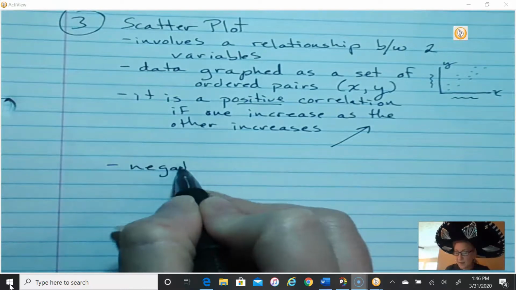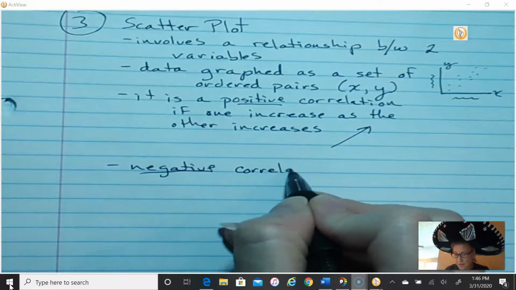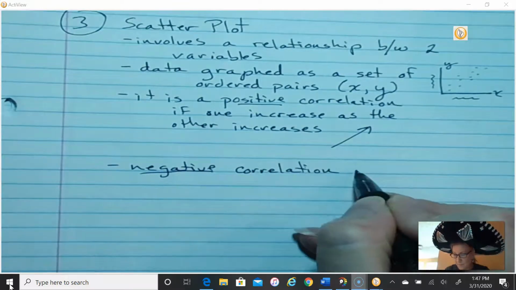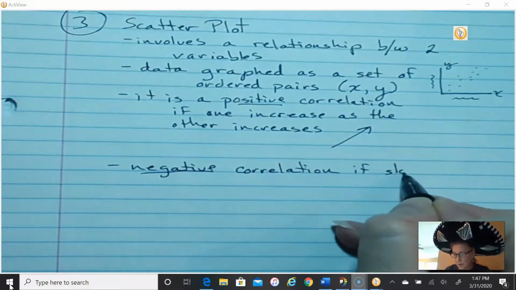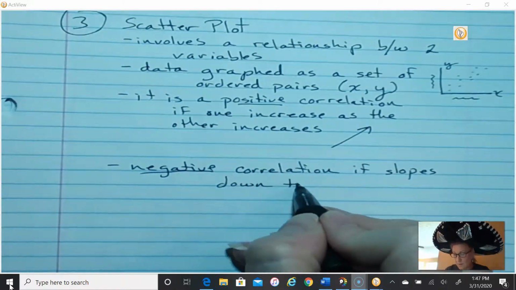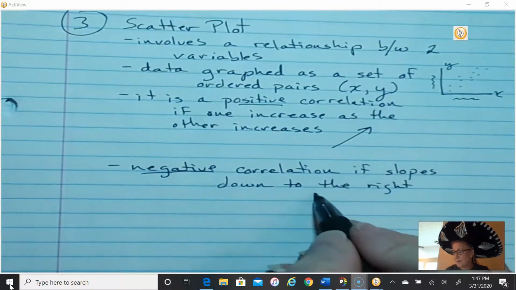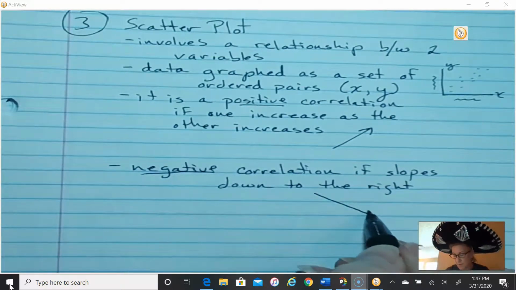It's a negative correlation if it slopes down to the right. Basically, if it goes that direction.